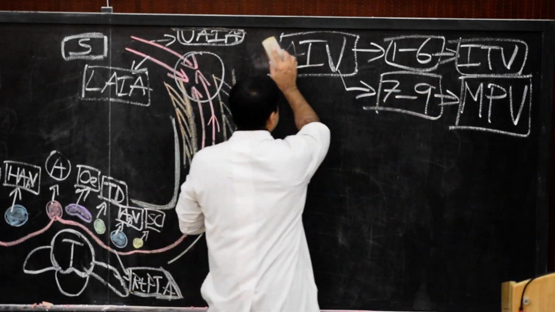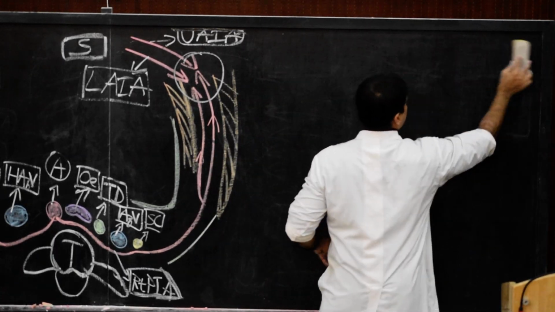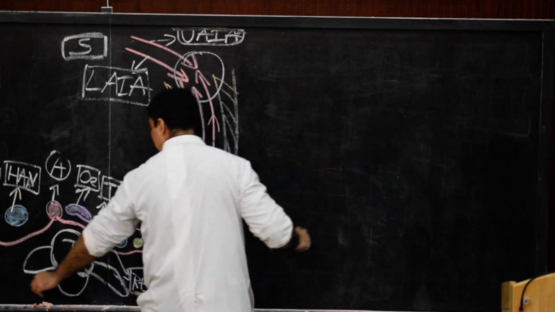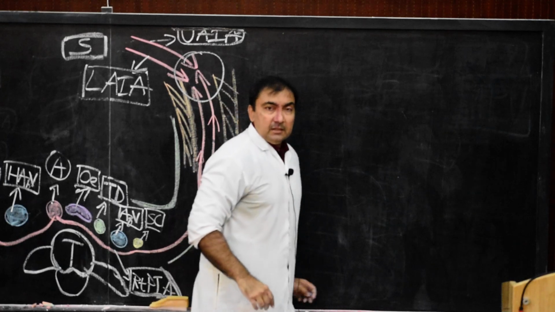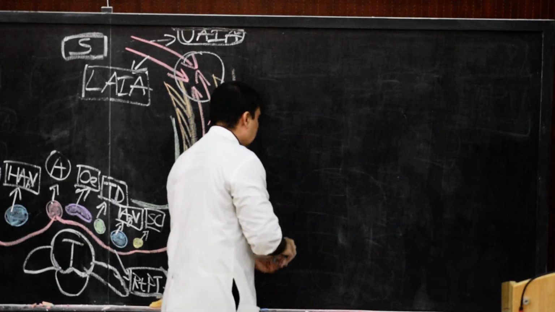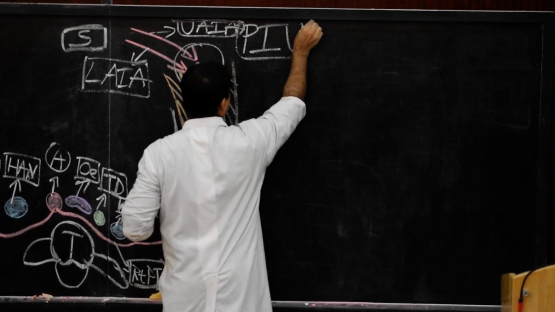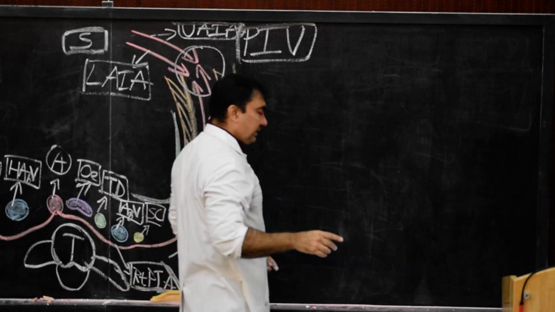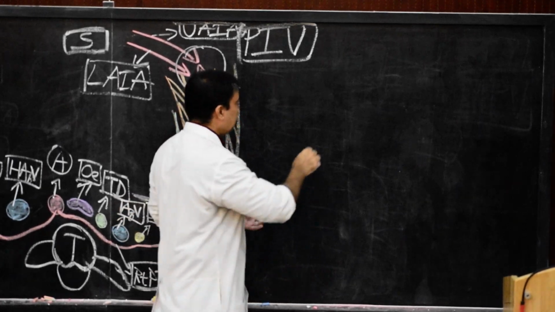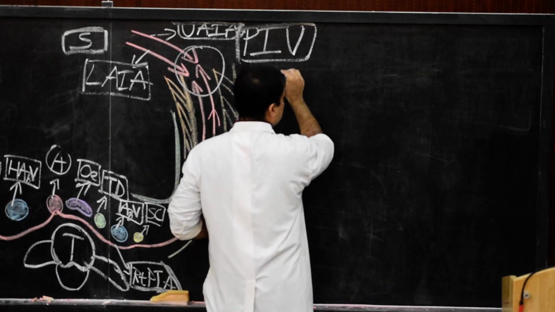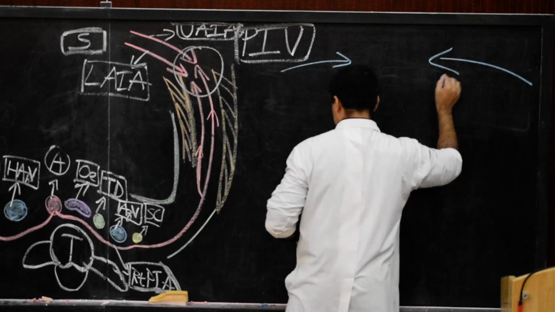Now, after I rub this, we start with posterior intercostal vein, only a 1-line diagram of posterior intercostal vein, and that will be very interesting. How will these posterior intercostal veins drain? Right and left. So on the right side, if I show this is right, and here I show this is left.